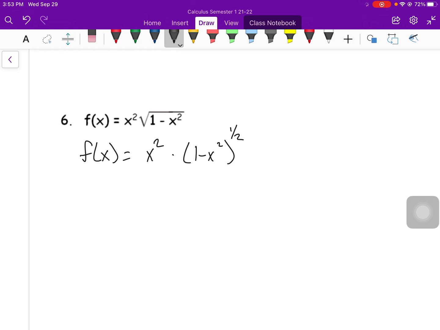So when we take the derivative of this, f prime of x is equal to, we take the derivative of the first piece, which is 2x, times that entire second piece, plus the derivative of that second piece.